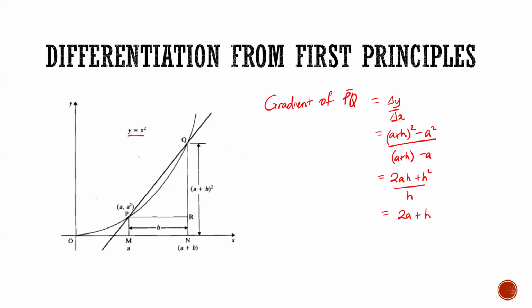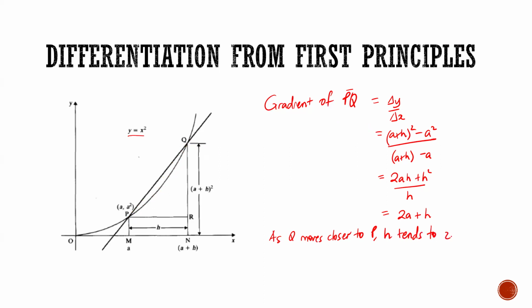Now, what did we say? We said that as Q moves closer to P, the gradient of PQ becomes actually the gradient of the tangent at P. But what happens as Q moves closer to P? h tends to 0.